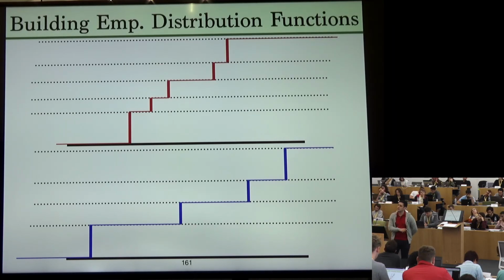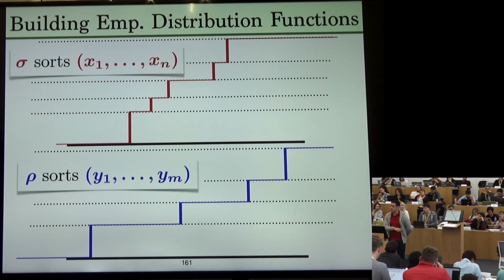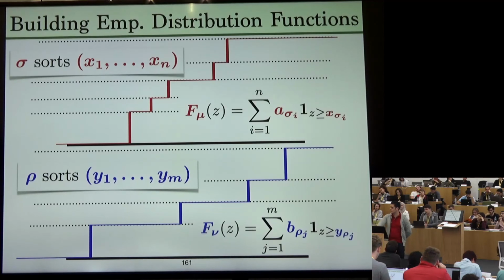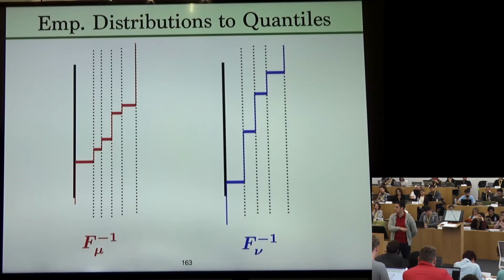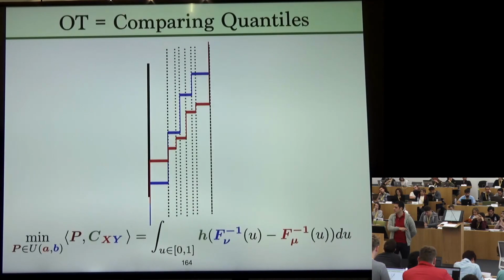And here I'm saying I'm going to use red and blue. And still, you're right, I didn't explain yet. I've sorted red, I've sorted blue. Here I'm sorting both, right? I'm sorting red, sorting blue to get the empirical distribution, and then I'm comparing the quantiles. So your question is, where can I recover sorting from that? Sorting the red from that?